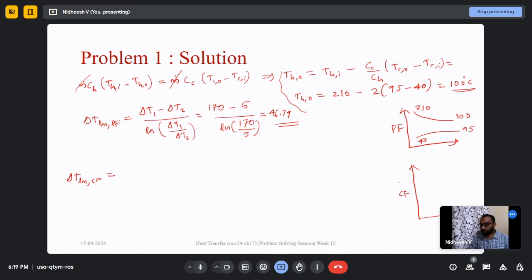Let the hot fluid be like that only. At inlet it is having 210 degrees Celsius and at outlet it is having 100 degrees Celsius.